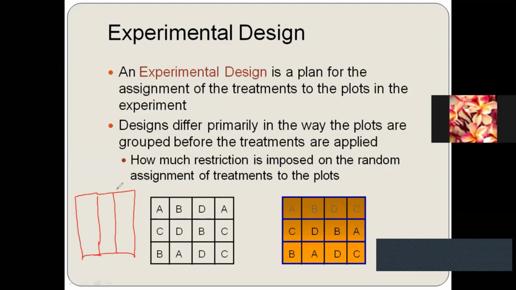Now within plots you see, in blue color, how many plots are there? This is 1, this is 2, 3, 4, 5, and so on. So altogether 12 plots are there in blue color. In red color, how many plots are there? 3 plots. What are those 3 plots?